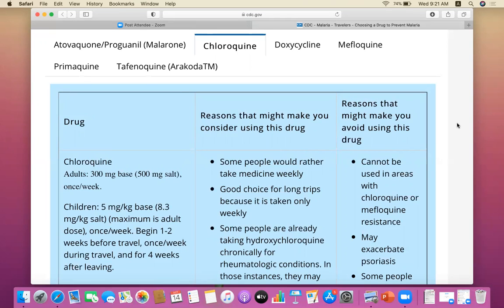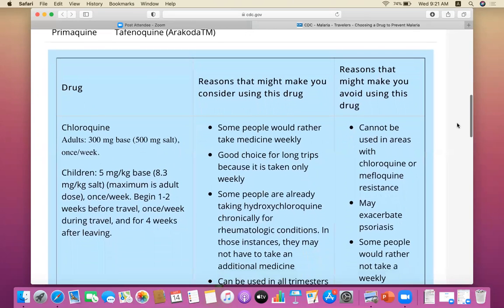Some people are already taking hydroxychloroquine chronically for rheumatologic conditions.